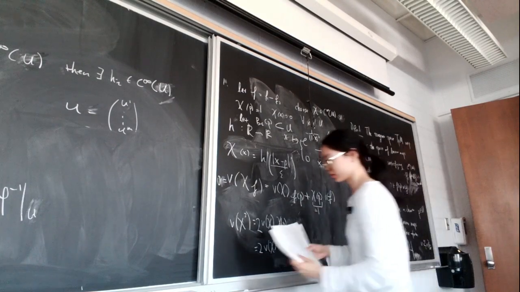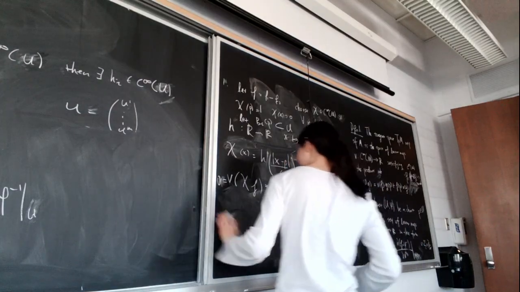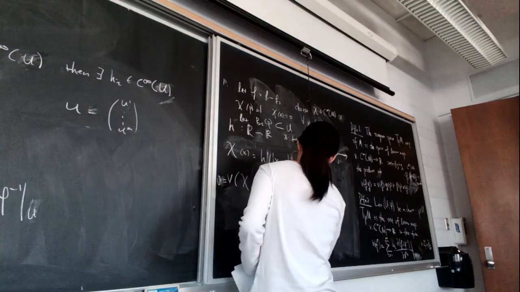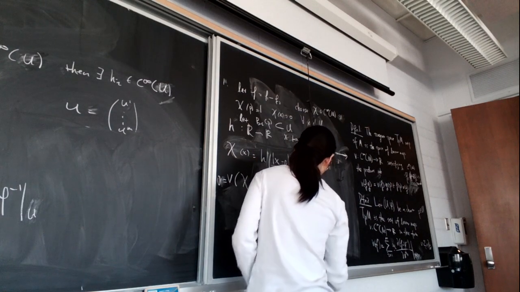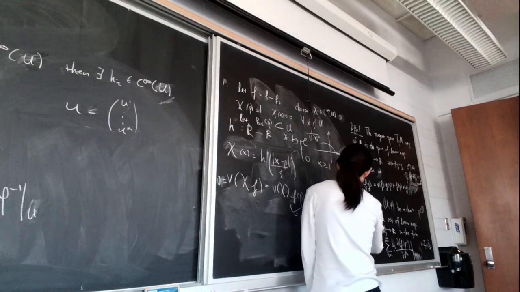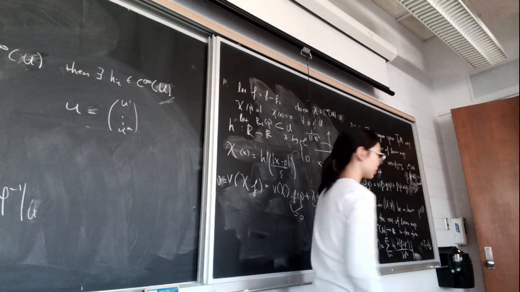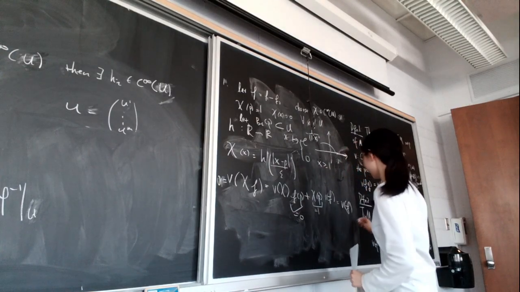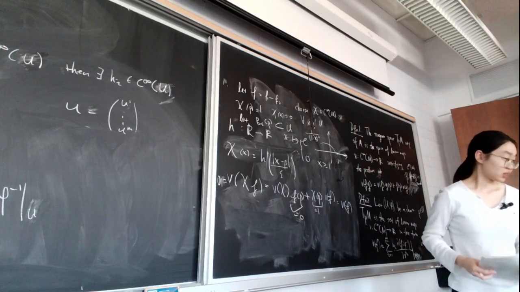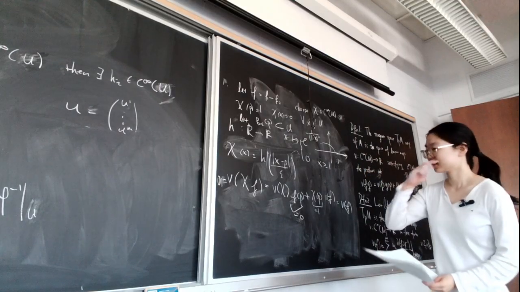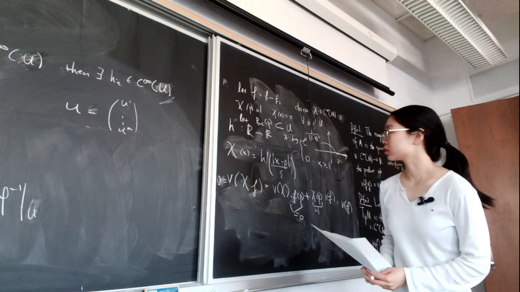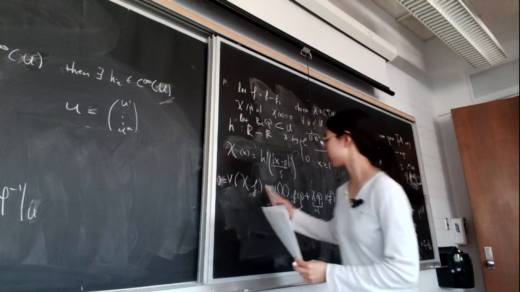Oh, true. We're done. This is equal to 0, which means this is just equal to V of f. Okay, we're done. This is step 1. Okay, let me erase this and prove step 2 here.